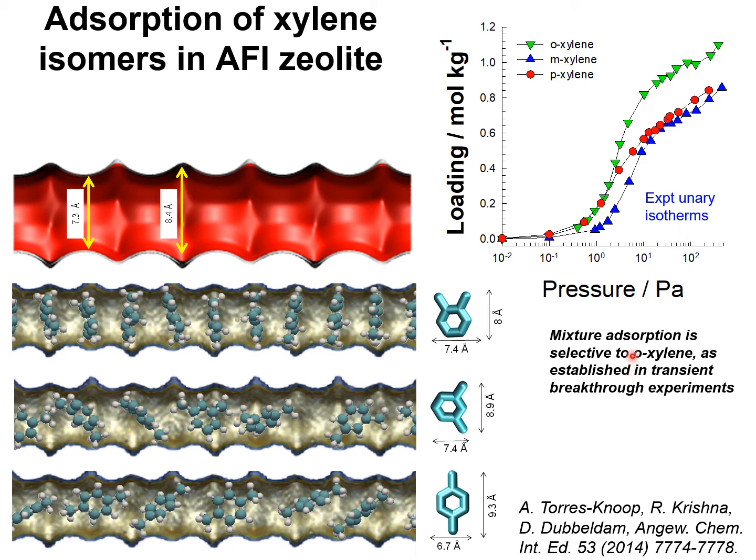Therefore, mixture adsorption is selective to orthoxylene, and this has been established in experimental data on transient breakthroughs. So it's possible to separate the xylene isomers using AFI zeolite, but the adsorption is ortho-selective.